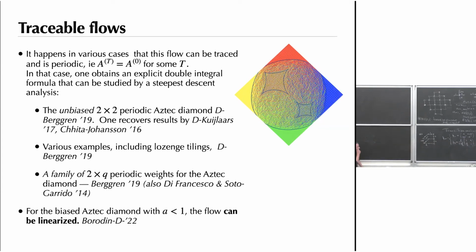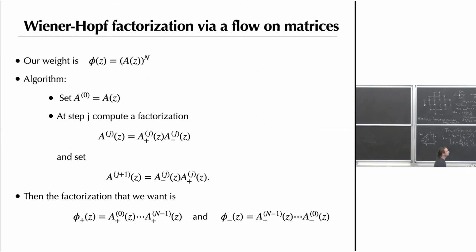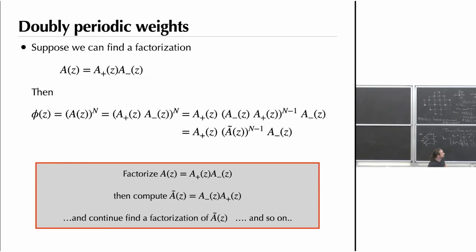One of the starting points if you want to linearize this flow is the following. We have this map where you factorize A in this way and then you swap it. Now there is an invariant for this swapping: the trace and the determinant don't change.